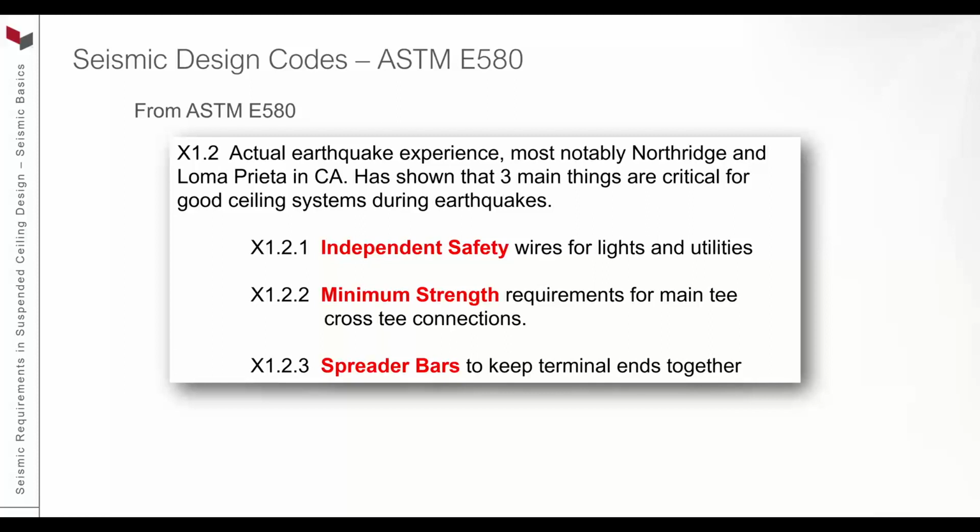And what ASTM recognized through experience, it wasn't through engineering, they saw what happened at the Northridge and the Loma Prieta earthquakes, that the perimeters come apart. And when the perimeter T's come apart, the tiles start falling out, which causes this cascading effect. And then the ceilings start coming apart. So these are the 3 requirements that are actually baked into the ASTM E580.